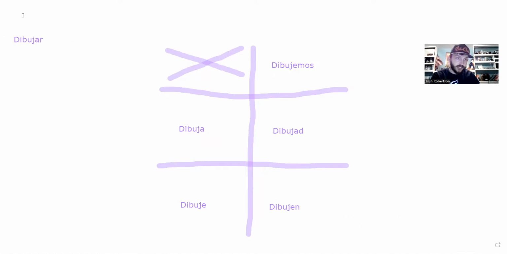So, in the affirmative imperative, dibujar conjugated is nothing in the yo form. Tú dibuja. Él, ella y usted dibuje. Nosotros y nosotras dibujemos. Vosotros y vosotras dibujad. Ellos, ellas y ustedes dibujen.